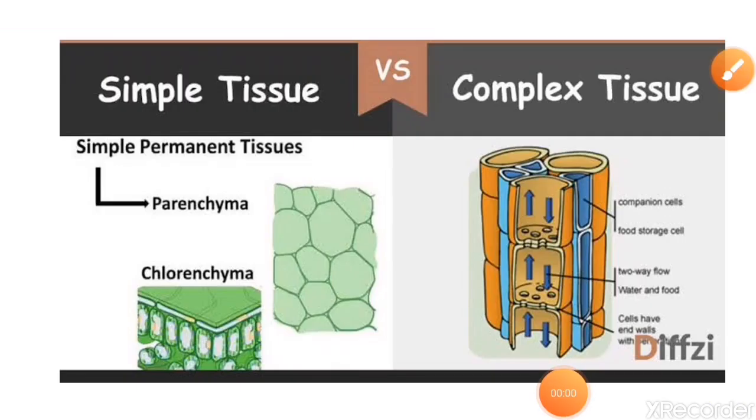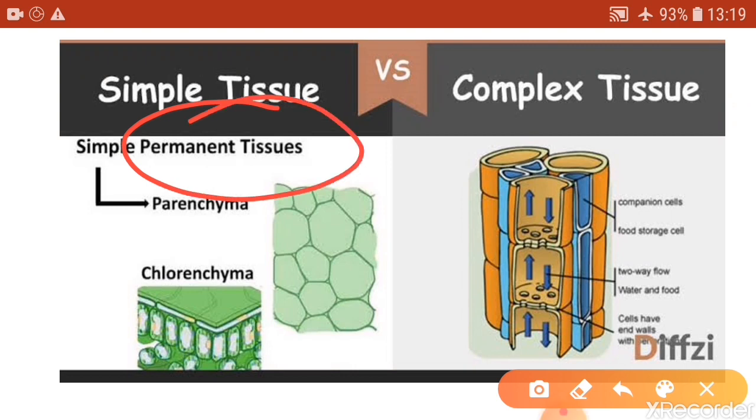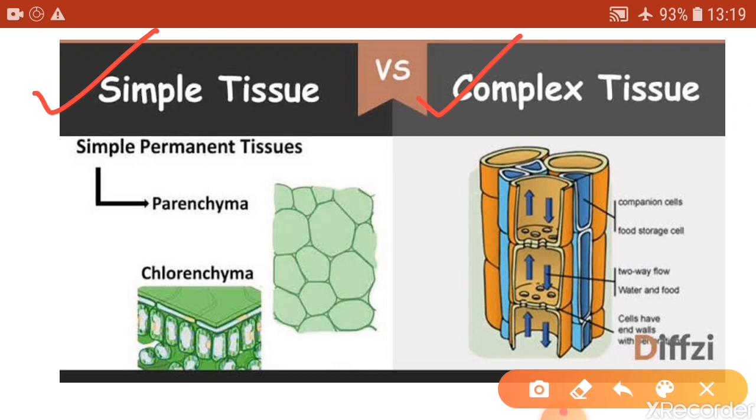In my previous video, I had told you that permanent tissues are the plant tissues which are made up of cells that have lost their ability to divide and have got differentiated to take up a permanent shape, size and function. Now, permanent tissues are of two types. They are simple permanent tissues and complex permanent tissues.